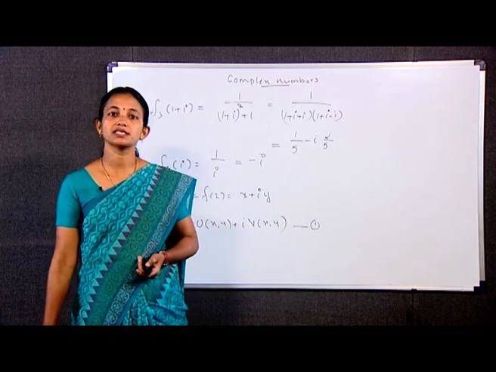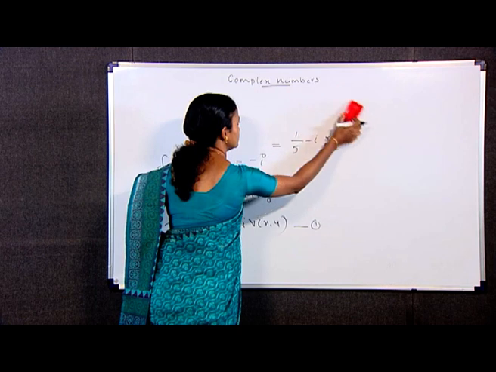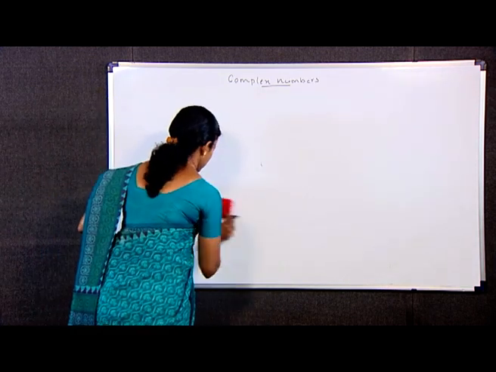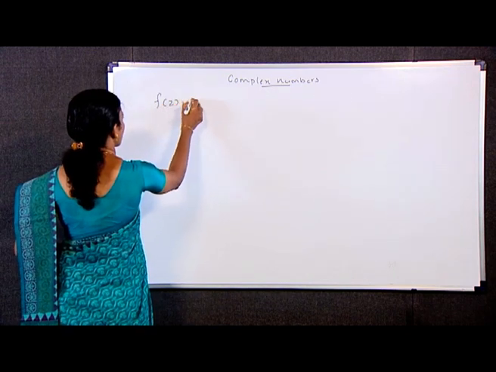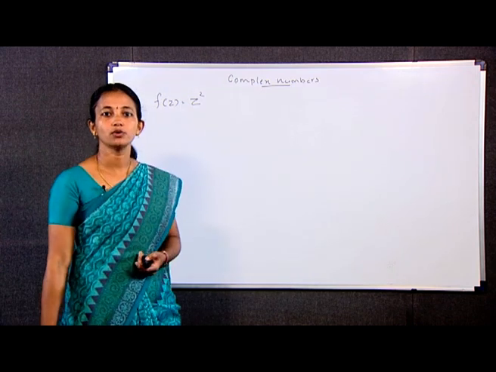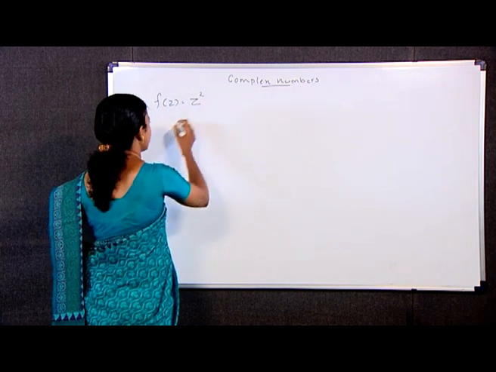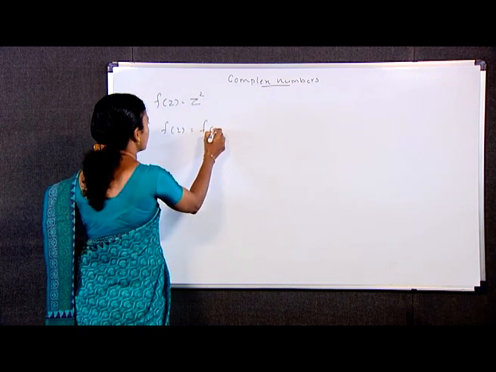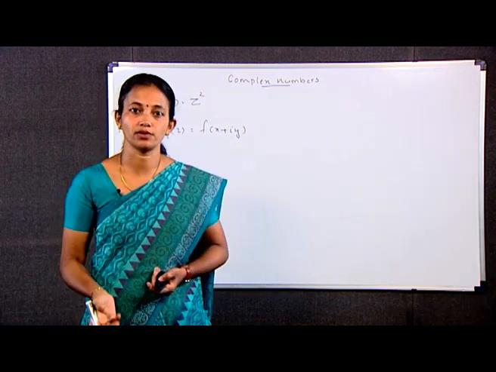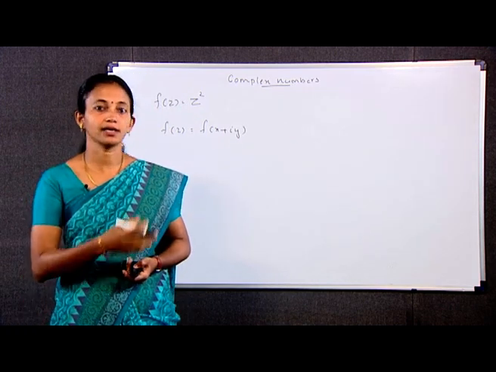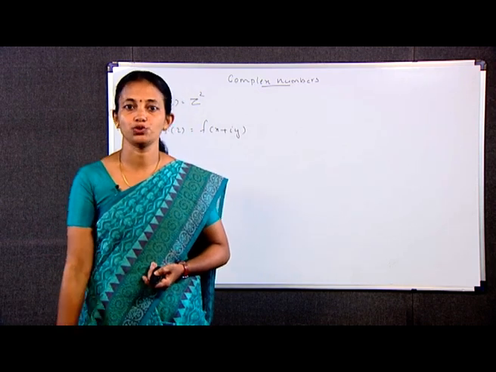Next example, if f(z) is equal to z square, then we have f(z) is equal to f of x plus iy, which is equal to (x plus iy) whole square, which is equal to x square minus y square plus i into 2xy.